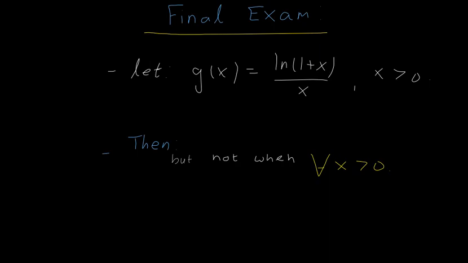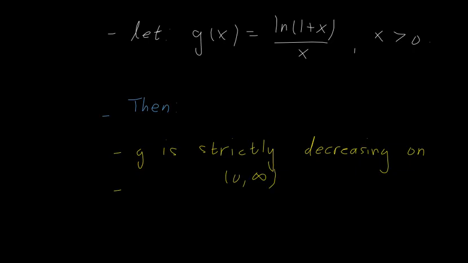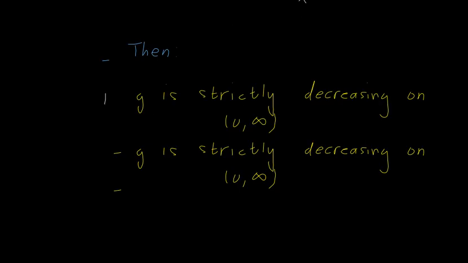Then you're going to have this: g is strictly decreasing on 0 comma infinity. These are the important points that they want you to put on your exam. Okay, this is number one, first important point.